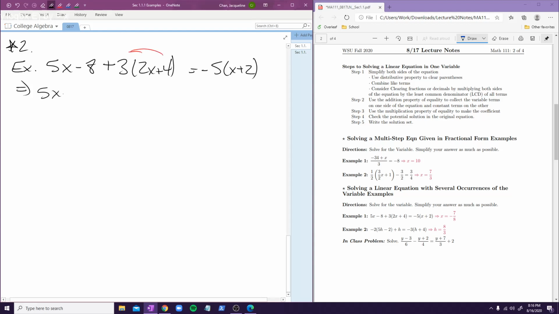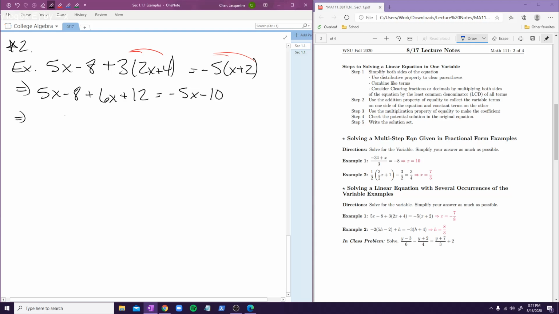Right, so I have 5x minus 8, right? 3 times 2x, that is 6x, and 3 times 4, that is 12. Right? And then over on the right side, I have negative 5, and I have these parentheses, so I can distribute that as well. So then I'll get negative 5x. Negative 5 times 2 is negative 10.